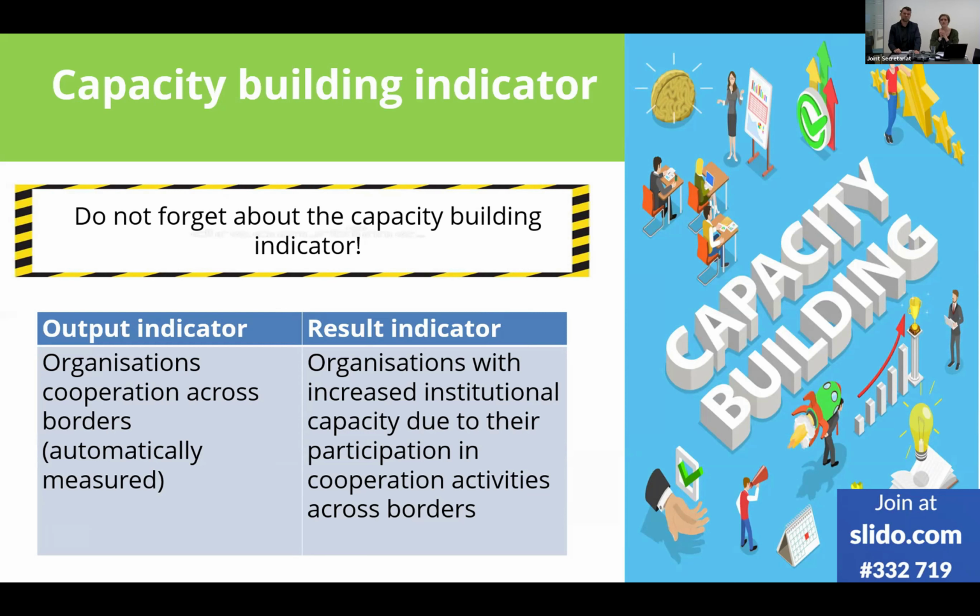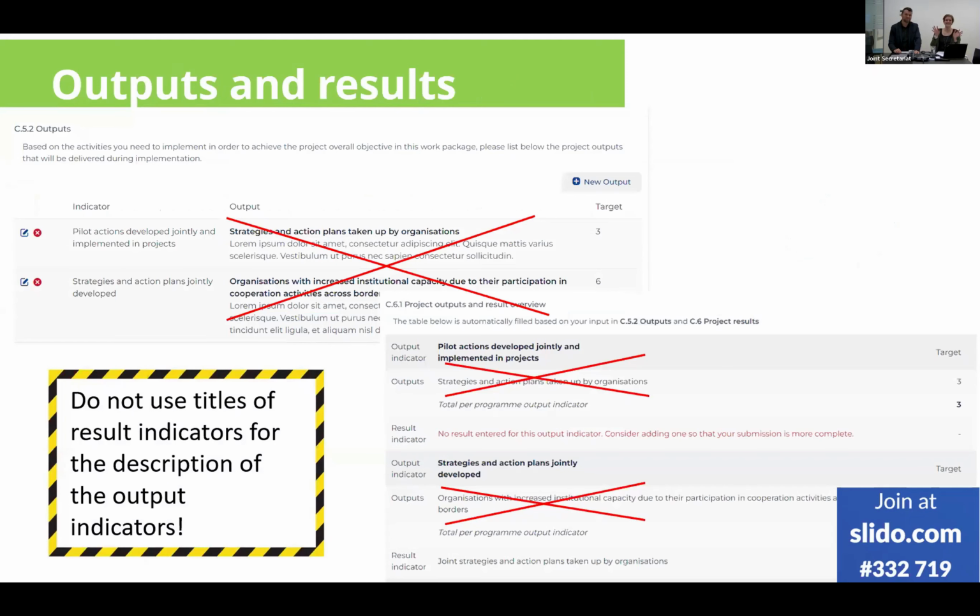So think about it when drafting your application form, and do not forget about this capacity building indicator. And last but not least, I think I have another takeaway message for you before we slowly move on with the question and answer part of our webinar. We have talked a lot about titles and descriptions that you have to provide for example, work packages, activities, output indicators, and so on and so forth.